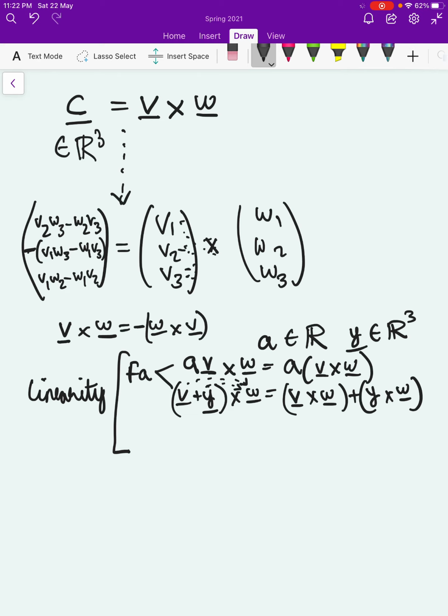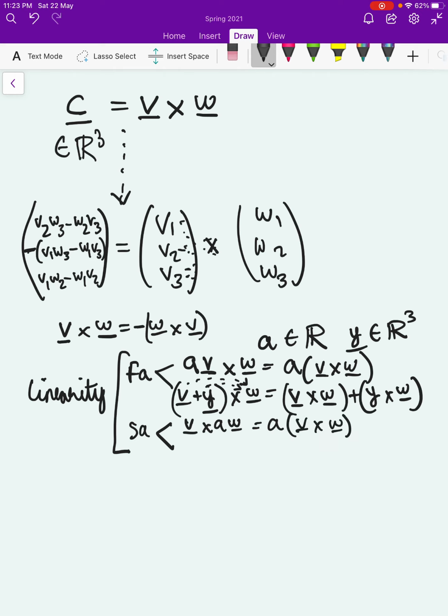Now second argument basically means it also works when the constant is in the second argument, or when the addition is happening in the second argument. So in the first case, we have v cross a times w, and that's also going to be a times v cross w.